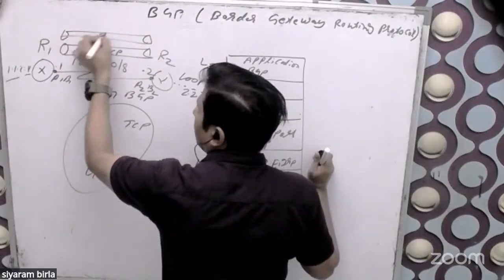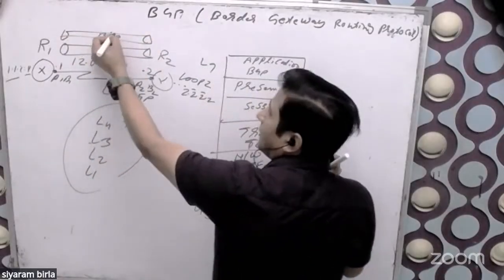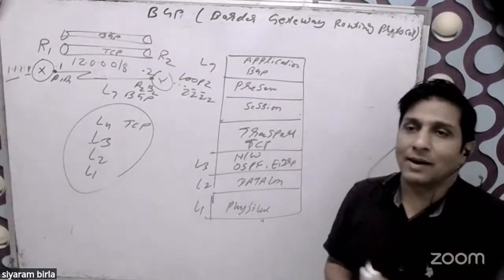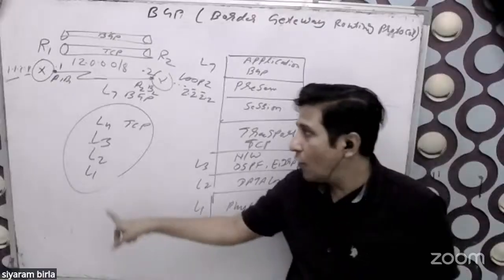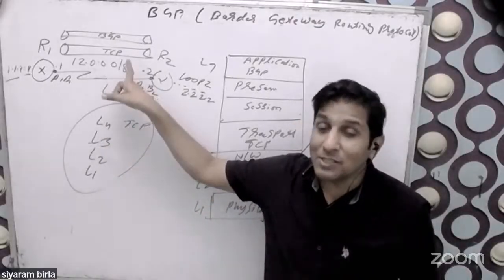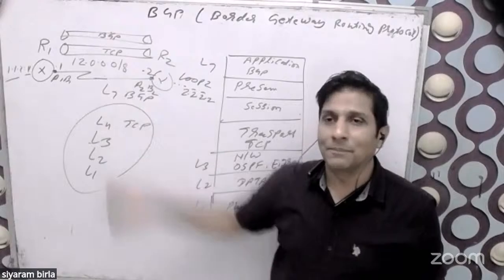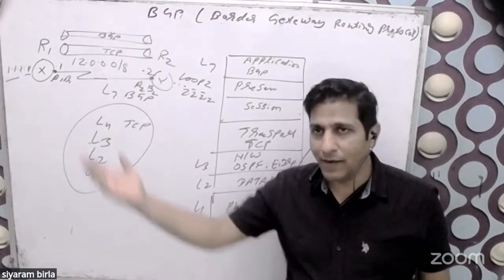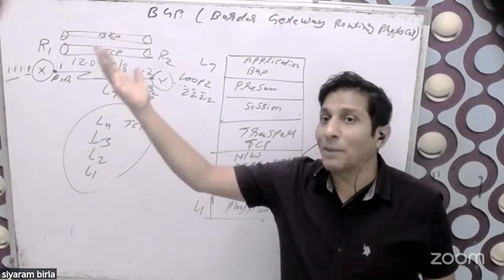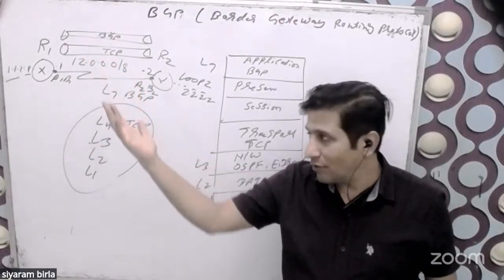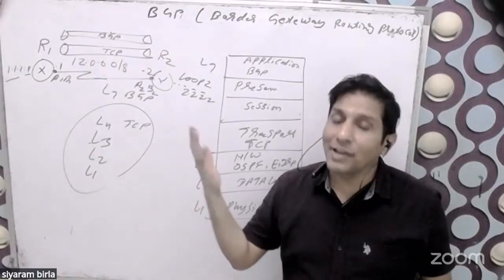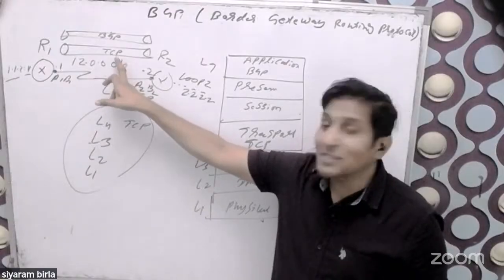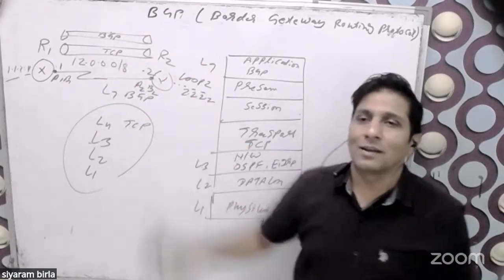So all 4 layers will be up, meaning the TCP session will be up, then BGP will come up. Like with a lane: if the lane is not ready, we cannot make the flyover; if the lane is ready, I can make the flyover. Similarly, if TCP is up, then BGP will automatically come up.